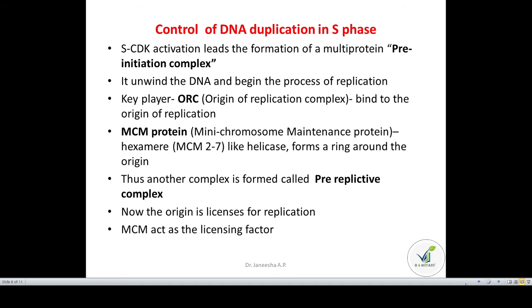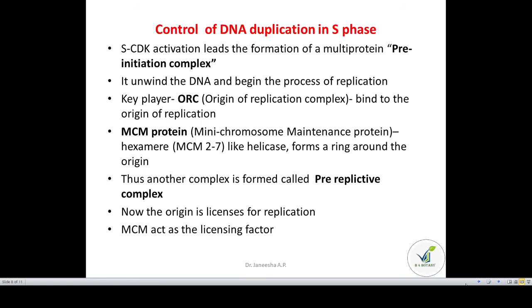The S-CDK, that is the S phase CDK complex, once the S-cyclin combines with the CDK, becomes active, and that activation leads to the formation of a multiprotein complex called the pre-initiation complex. And this pre-initiation complex unwinds the DNA and begins the process of replication.